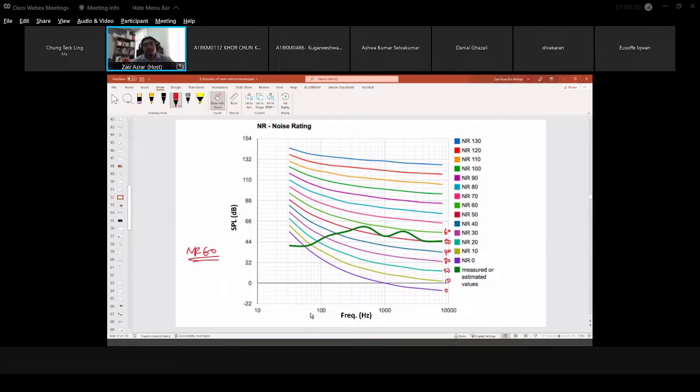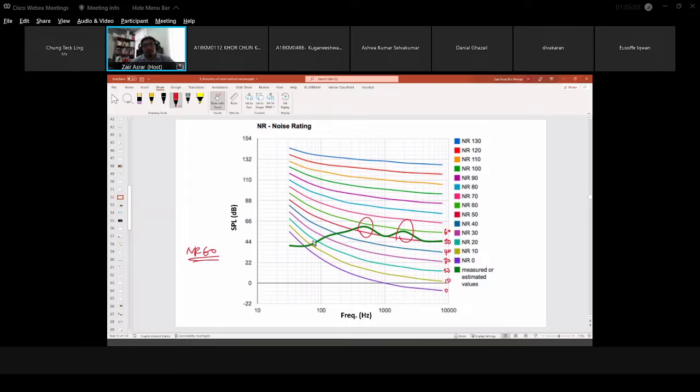Of course, this NR value is sometimes misleading. Some materials are rated with a certain NR value, but you should know that the performance itself is frequency dependent. Although, for example, in this case we are saying the material is NR60 certified, we should know that the performance is quite bad in these two frequency regions.